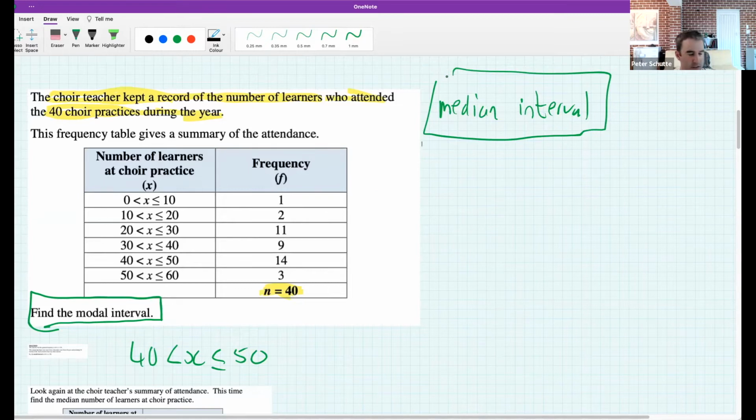I'll give you some time for that now. So think about when you find the median, you always have to do a little bit of a calculation. And think about where that will assist you.